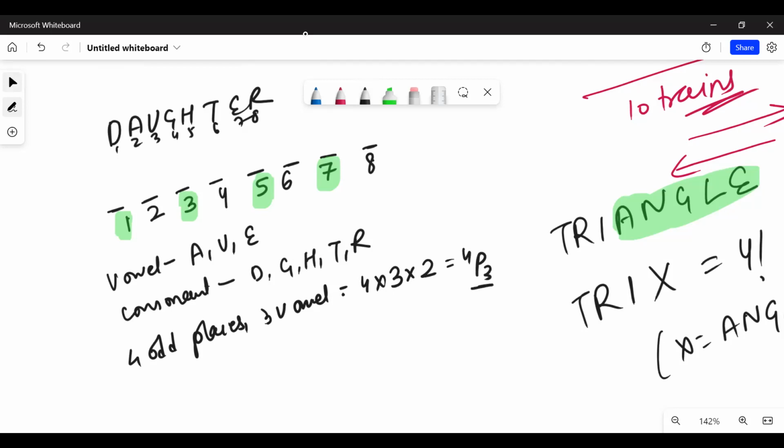Please understand this. You have 3 vowels. In how many ways can you choose 3 vowels? 3C3. Once you get these 3 vowels, you need to put them in 4 places, so 4 into 3 into 2. You have 3 vowels and you want 3 vowels, so that is one way only.